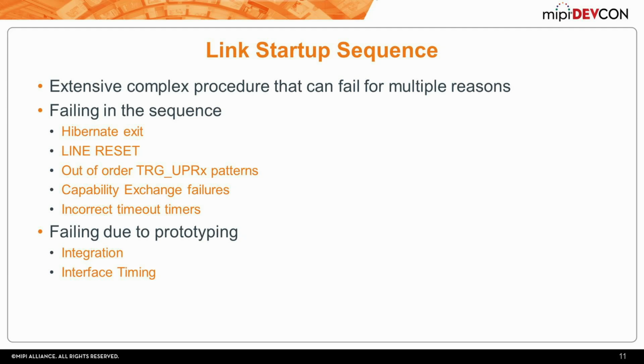And in fact, they could see the correct data coming out from the controller interface with the PHY, but they could not achieve a successful link startup sequence. And after multiple weeks debugging, they had an interface timing issue between their host integration and the PHY. So this delayed multiple weeks for what they wanted to do, that was testing their memories from the beginning.